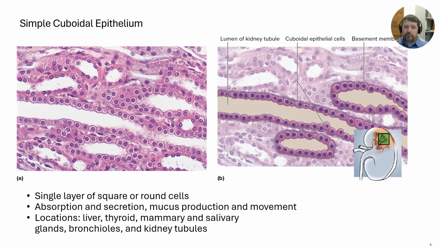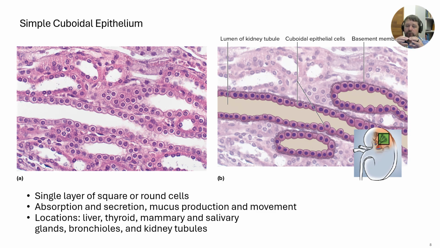Let's look at another one. Simple cuboidal epithelium. Again, fairly uniform shape, length and width about the same. The kidney has quite a few regions where this is the case. And again, transfer is quick, and it's still only a single layer thick, but they're not squished down.